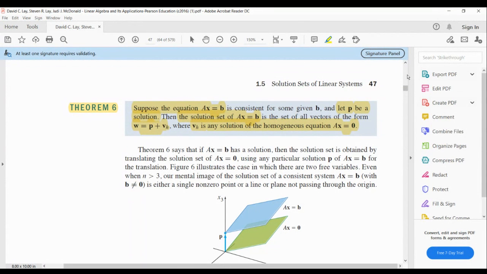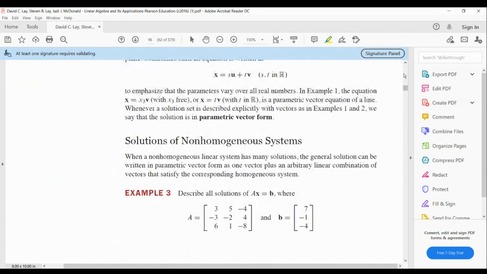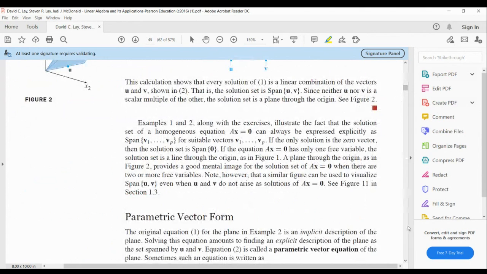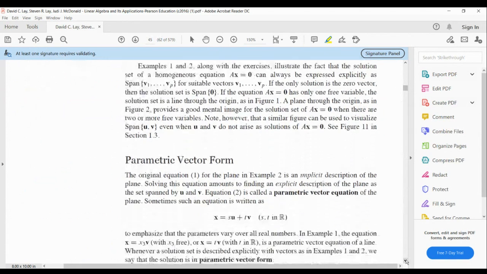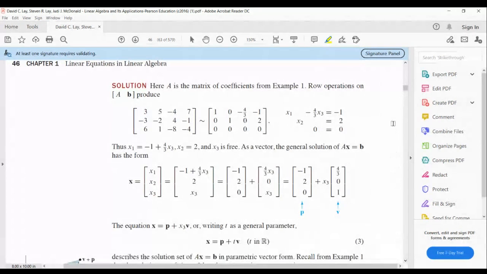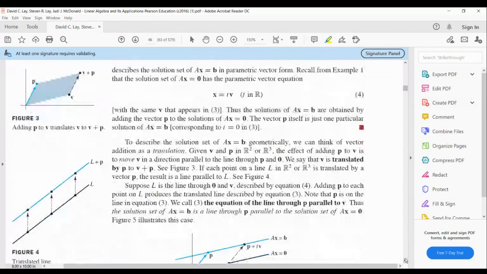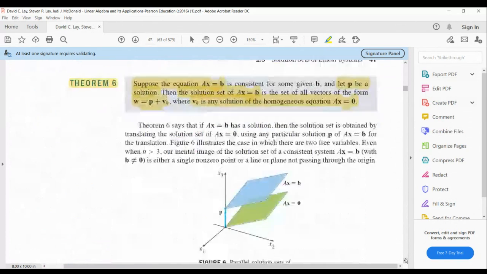Okay, let me go back to example 2. Sorry, I just got to find it.